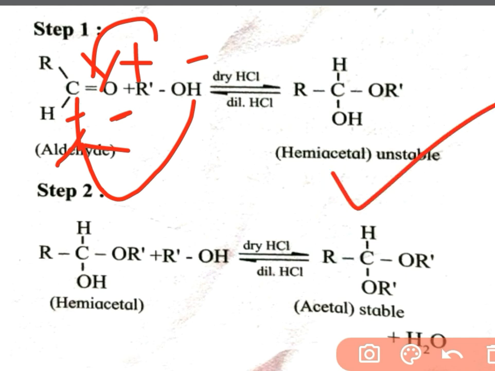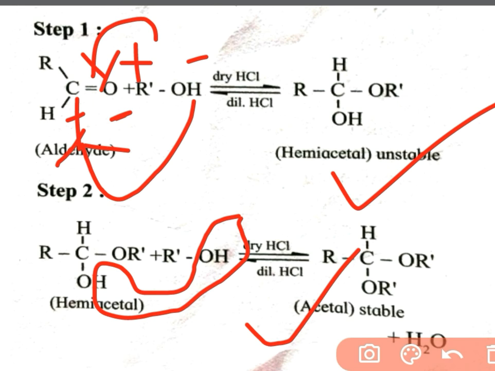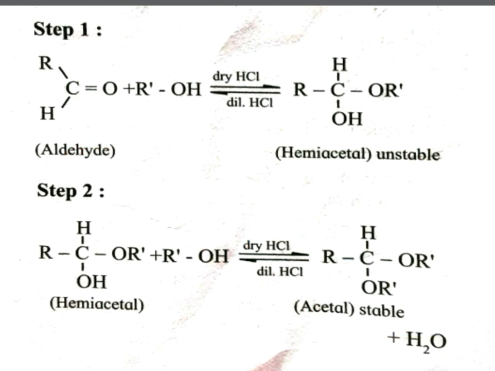Okay, this is the product of the first step. In the second step, what do we do? Remove the water molecule in this form. So just remove the water molecule in this way and join this R dash towards O minus and form the product in this way. So this is the short trick to remember the product.